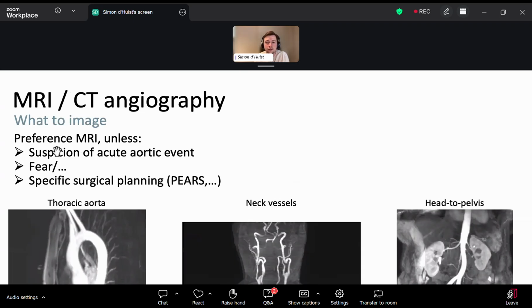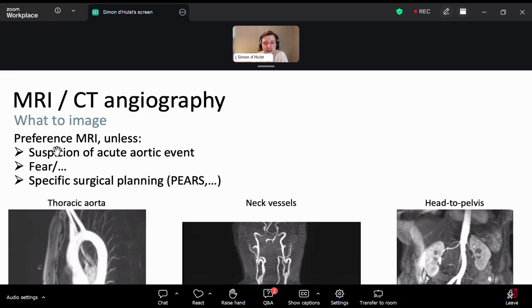Since echocardiography, of course, provides only limited visualization of the entire aorta, further imaging is often required. MRI is preferred usually due to the absence of radiation, while CT is mostly used in cases of acute situations, so suspicion of an acute aortic dissection, or of course when the MRI itself is not feasible due to fear or other factors.